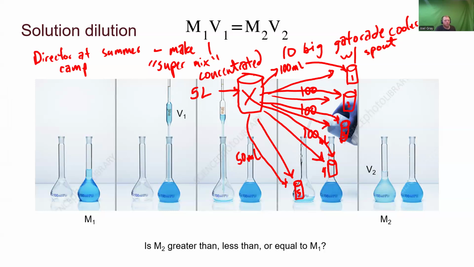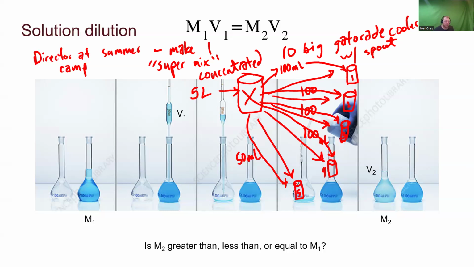Okay. Now, all of the coolers 1 through 5, all that they have in there is the 50 or 100 milliliters from the super concentrated mega mix. Does everyone follow that? Write it in the chat.